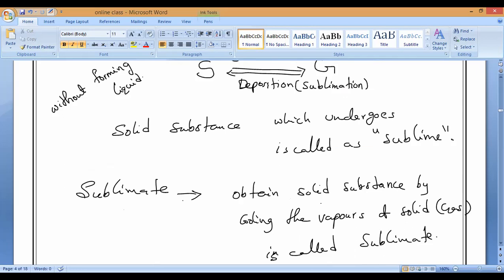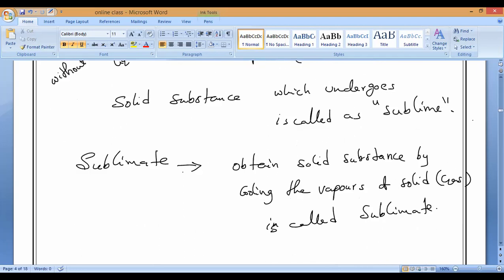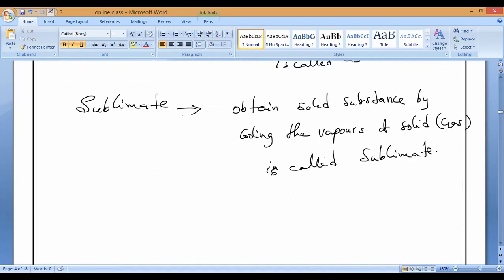Both are examples of sublimation only. Solid to gas is the sublime, and gas to solid is the sublimate.